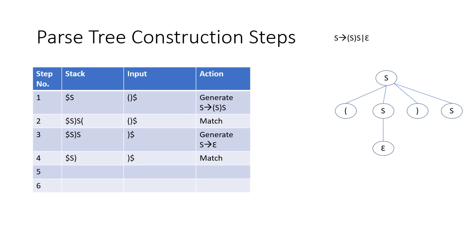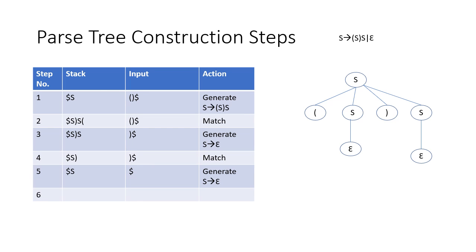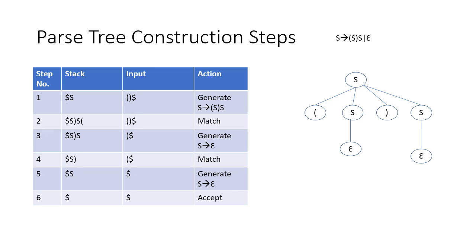For a match we are not doing anything, only when we are doing a generate, whenever we are pushing something onto the stack. So here S derives epsilon. Basically we have replaced S by epsilon here. So this is the parse tree. Finally, what you get here is the parse tree for this parsing process.